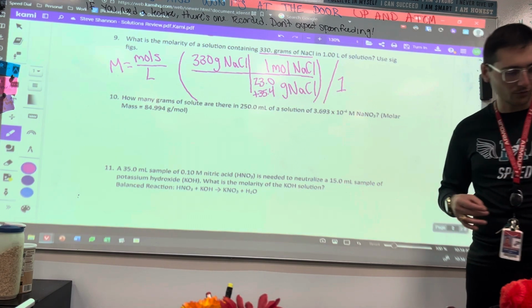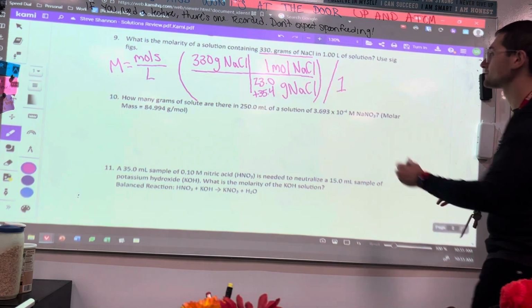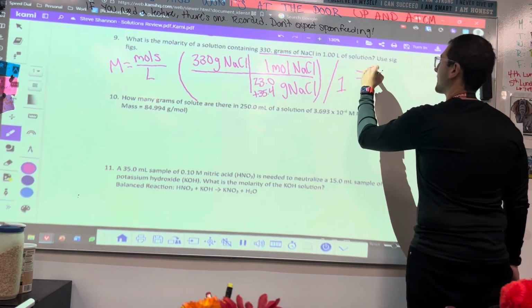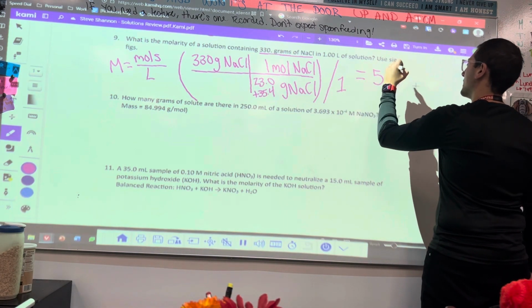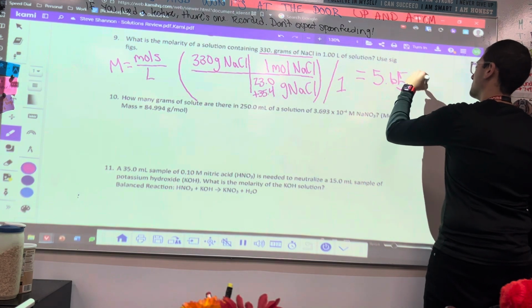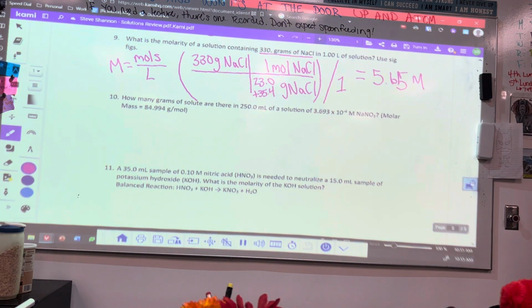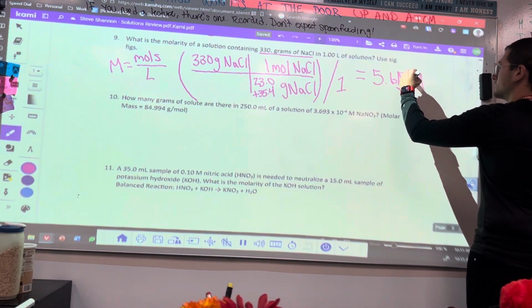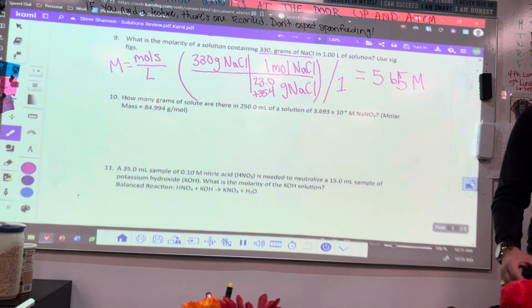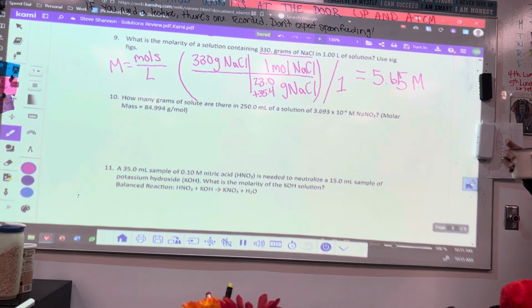And I get 5.65 molar. Done with that one, knocked it out. And I got 3 sig figs. Can I keep going?